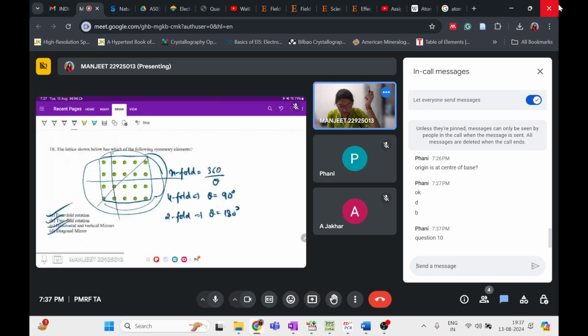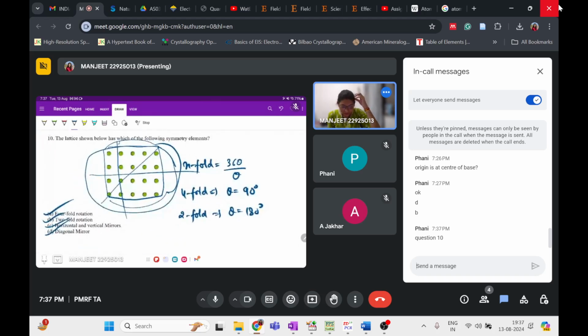Yes, let me know, what's the problem? What kind of symmetry do you have in the question? Why will it not be the same? 90 degrees.